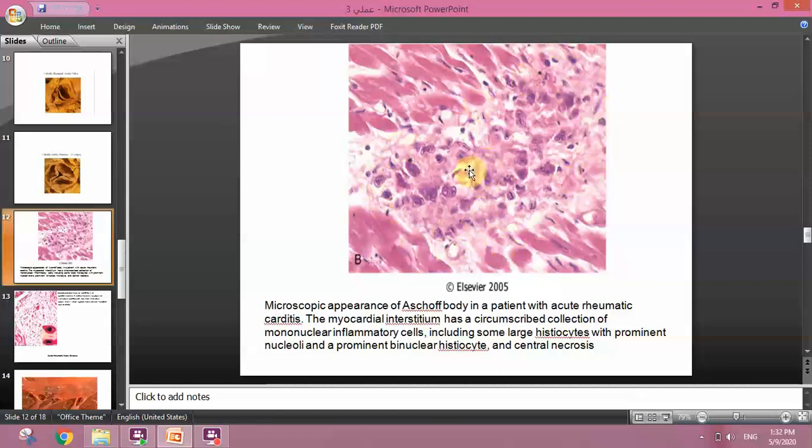In the center, the light pink is collagen and necrotic deposit, surrounded by chronic inflammatory cells here: lymphocytes, plasma cells and macrophages. This is the myocardial myocyte, and this is the Aschoff body, a collection of chronic inflammatory cells around central necrosis.